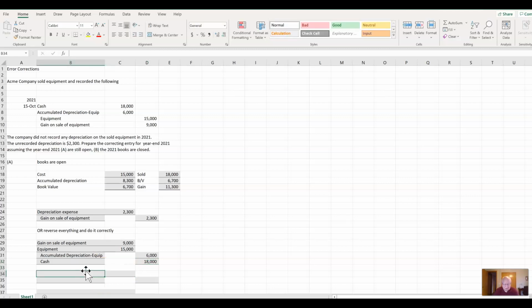Then we want to record the depreciation. So we would debit depreciation expense for the $2,300, and we would credit the accumulated depreciation for $2,300. So that brings the entry up to where it should have been.